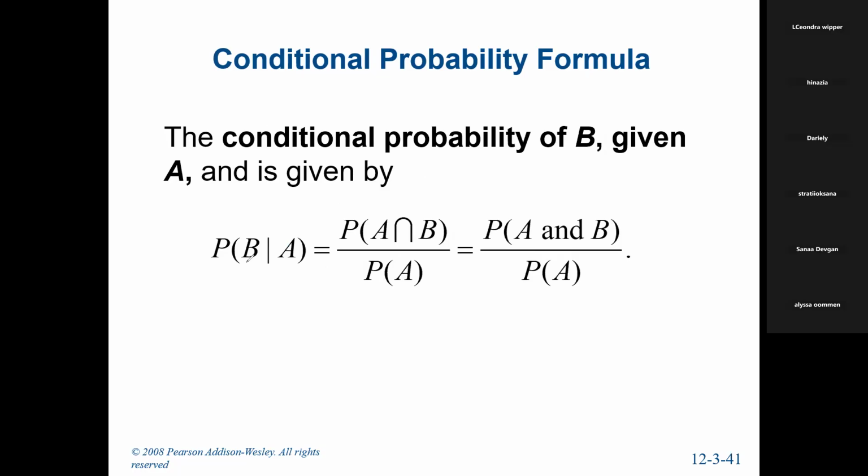Probability of B given A is equal to P of A intersection B, or P of A and B, over P of A, okay? It's the formula. So here you need to find, if the two events are not mutually exclusive, the intersection of the two events. All right, so P of A and B.